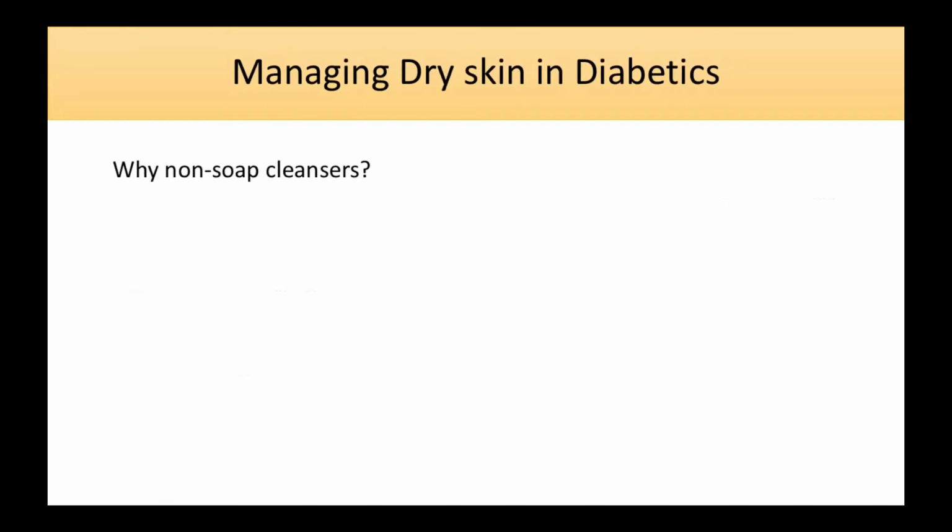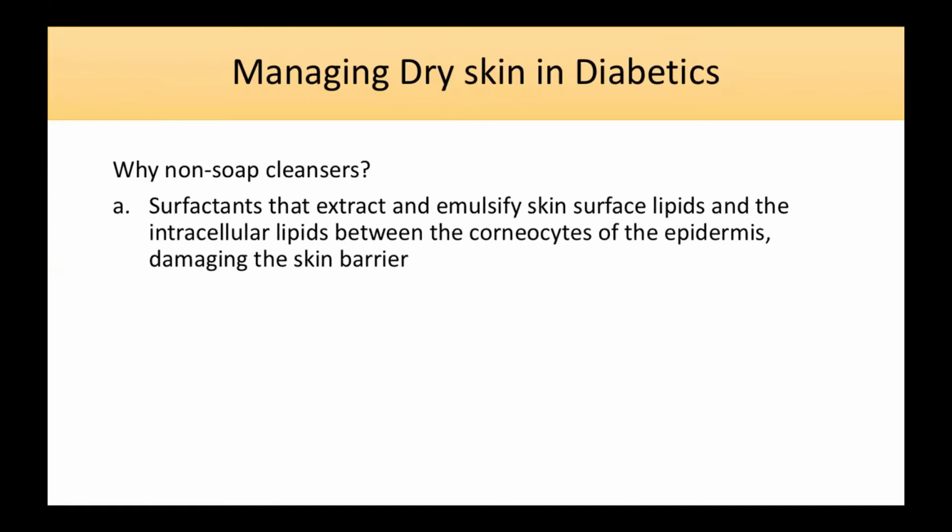All right. So why a non-soap cleanser? You must understand, we always say non-soap, so what is the difference between a soap and non-soap? A soap basically has a higher pH, while a non-soap cleanser has a lower pH. Why do we need that? Because soap contains surfactant that extracts and emulsifies the skin surface lipid.